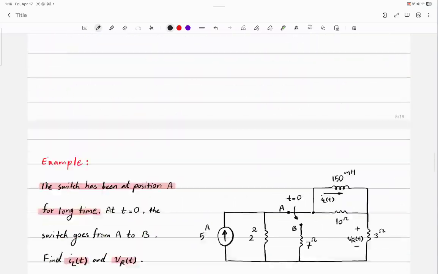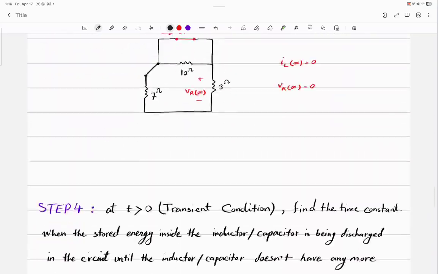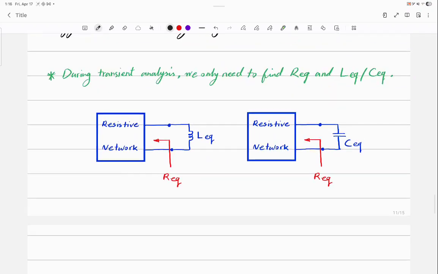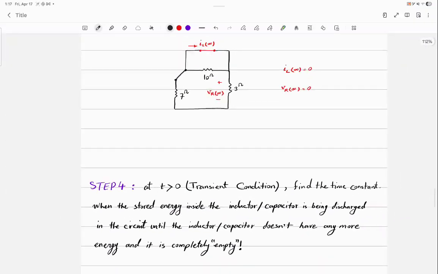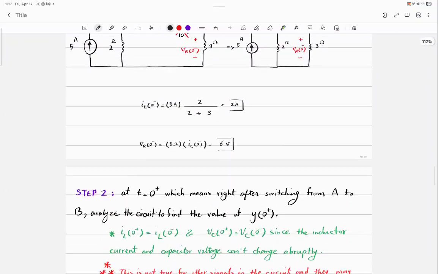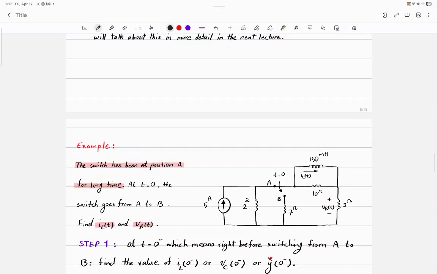So basically, these two circuits summarize what I was talking about. Look at LEQ and CEQ terminals and find whatever equivalent resistance is connected to the rest of the network. Okay, so let's bring down the circuit one more time.